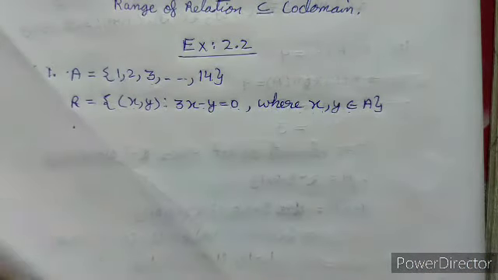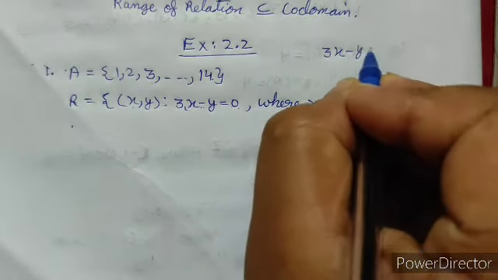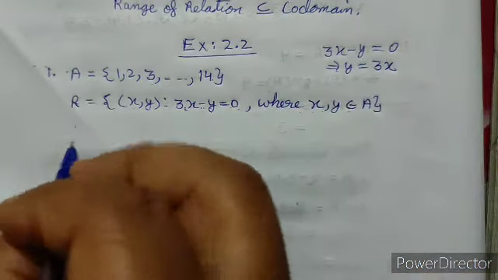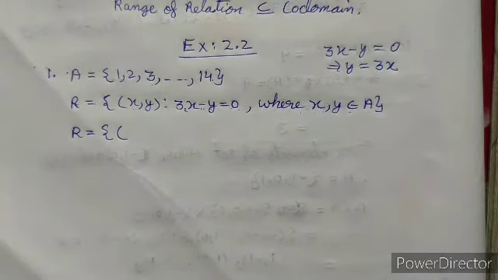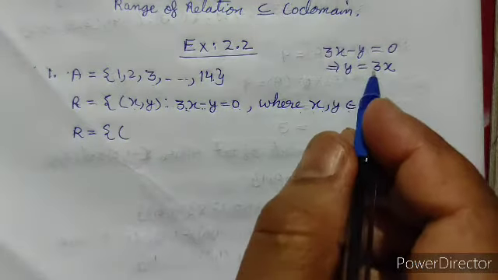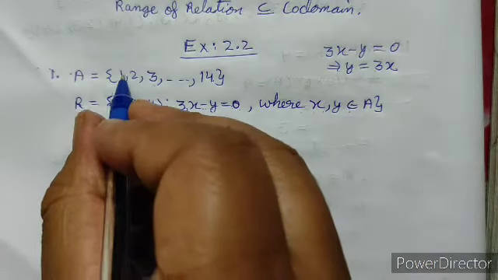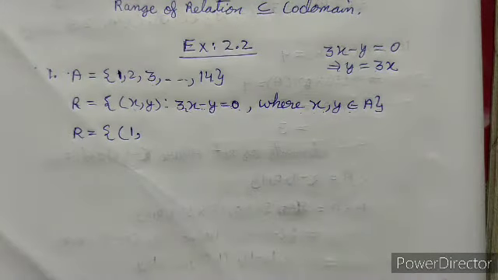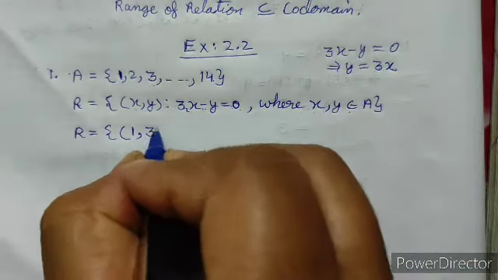Now the elements of the relation. Here the relation is 3x minus y equal to 0. That means y should be equal to 3x. So on taking the first element, that is 1, as the first element of the ordered pair of the relation, y will be equal to 3 into 1, and that is 3.